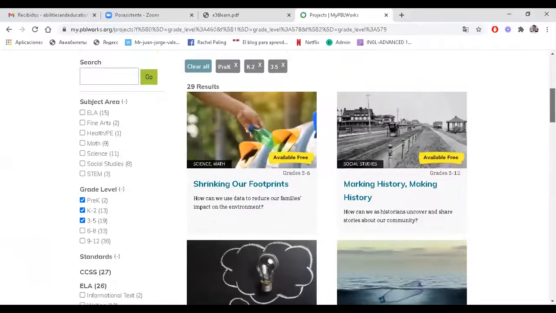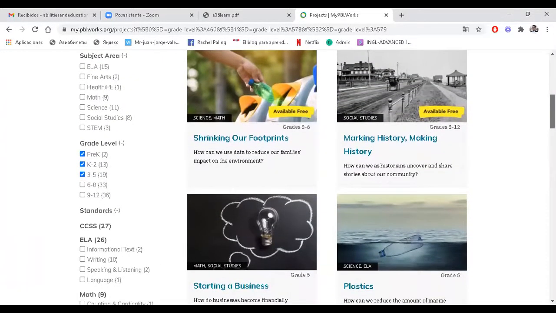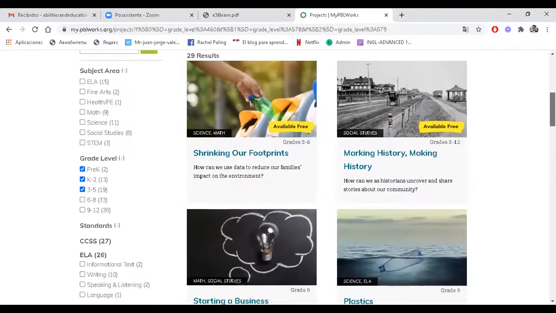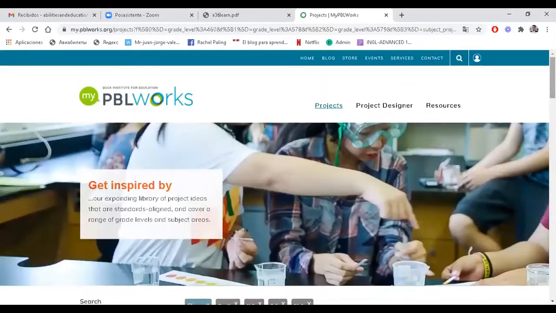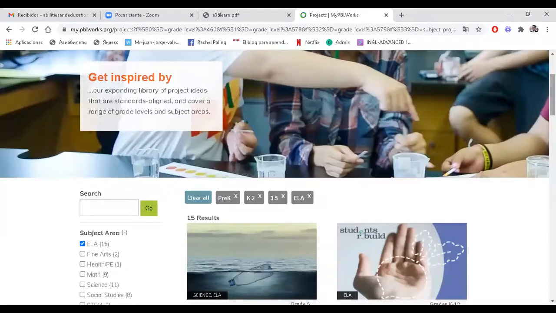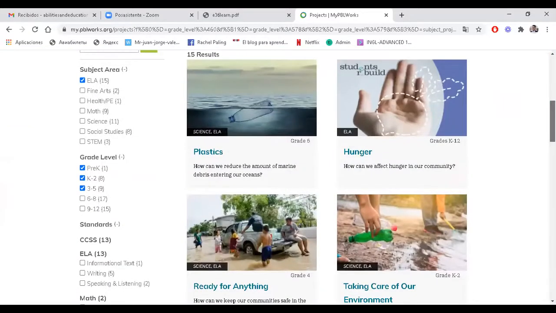The good thing about this website is that they tell you what subject the projects cover. And you can choose here on the left a language area. ELA is English Language Arts, Fine Arts, Health, Physical Education, Math, Science, Social Studies. In case you are working in a school in which more than one subject is taught in English. So we can filter the type of project we want to try with our students.